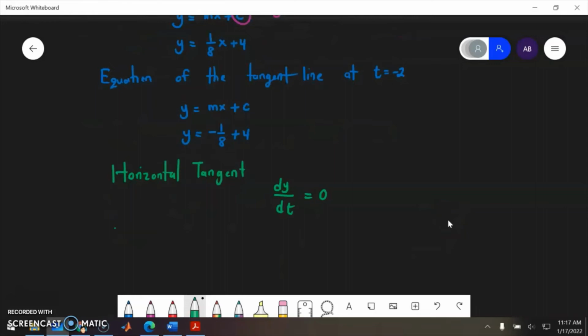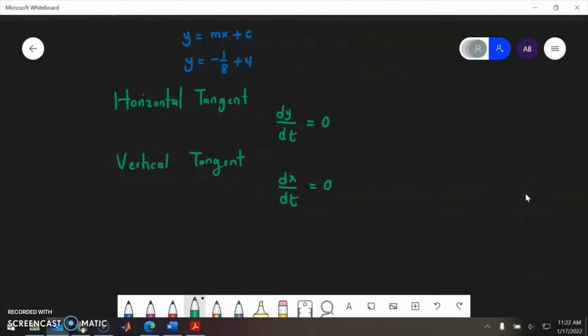And we can also have vertical tangent. Now vertical tangent happens when dx/dt equals 0.